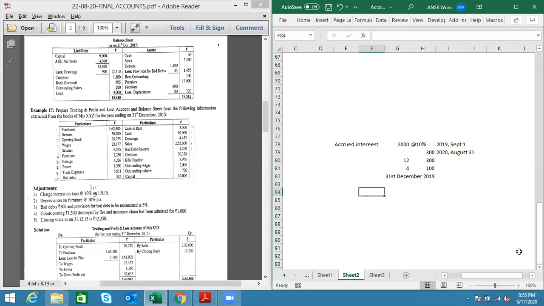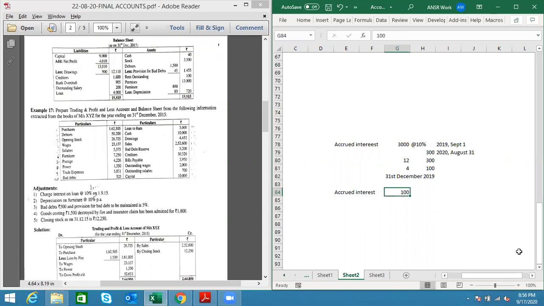Accrued interest is interest earned but not due. I'll repeat that. Not due, why? Because as per our agreement, we'll have to make that due after 1 year only. Why is it earned? Because time has elapsed. So here accrued interest is 100 rupees. Does everyone agree with that?